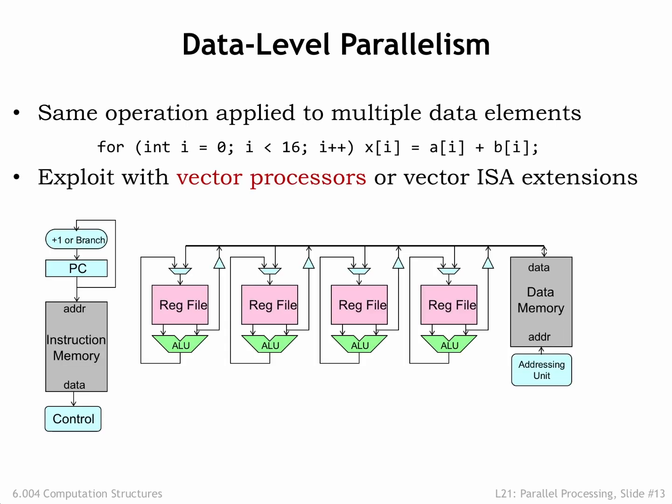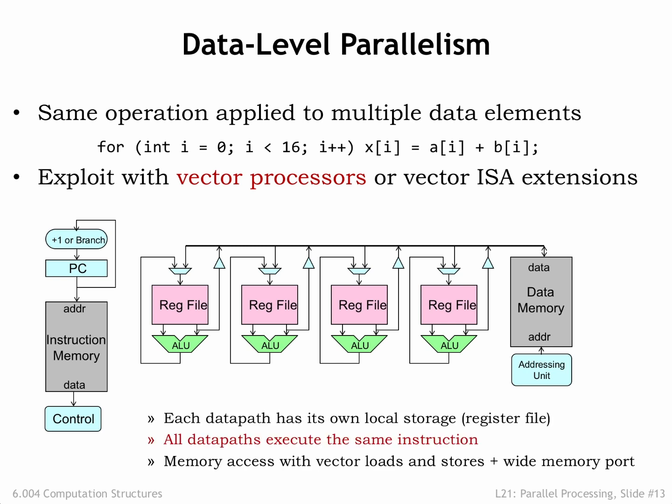By replicating the data path portion of our CPU, we can design special-purpose vector processors capable of performing the same operation on many data elements in parallel. Here we see that the register file and ALU have been replicated, and the control signals from the decoding of the current instructions are shared by all the data paths.